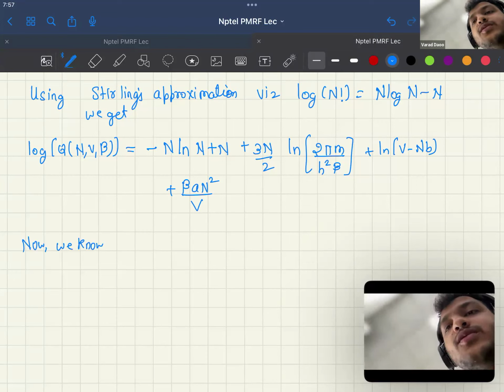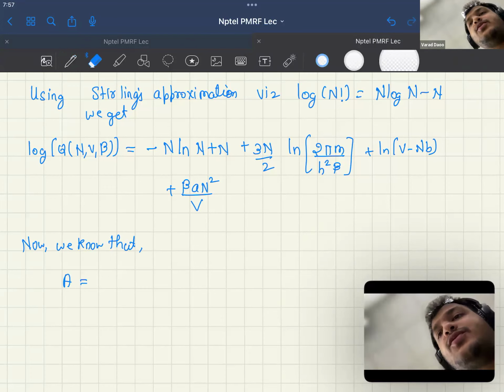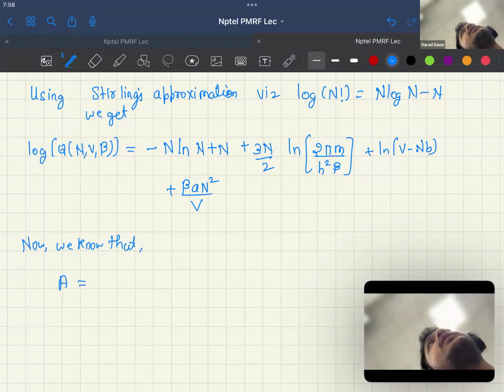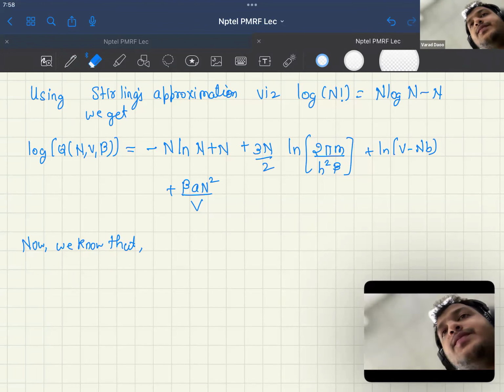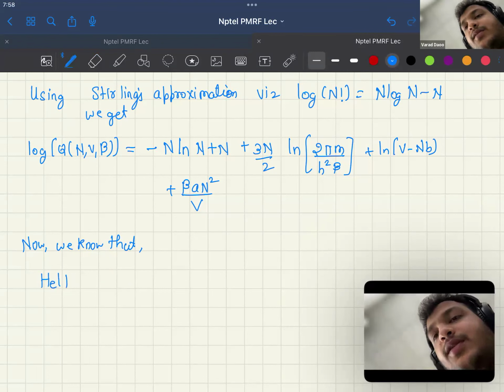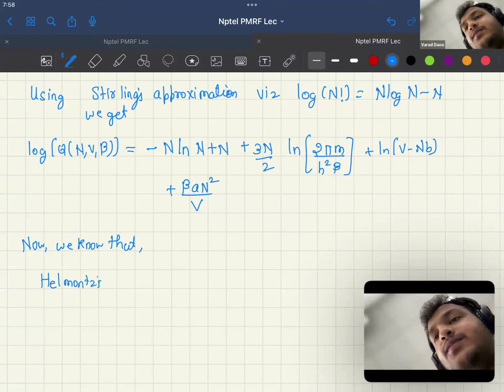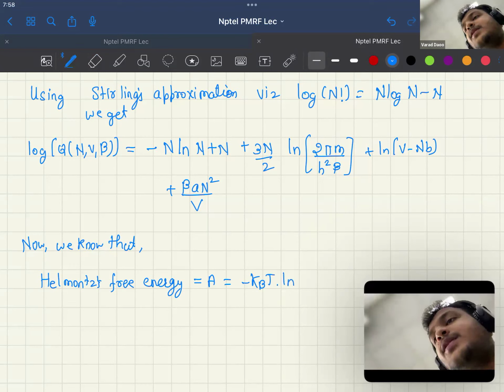Now we know that A, which is the Helmholtz free energy for the canonical ensemble, is nothing but minus k_BT into ln of the partition function, which is here Q(N,V,β).